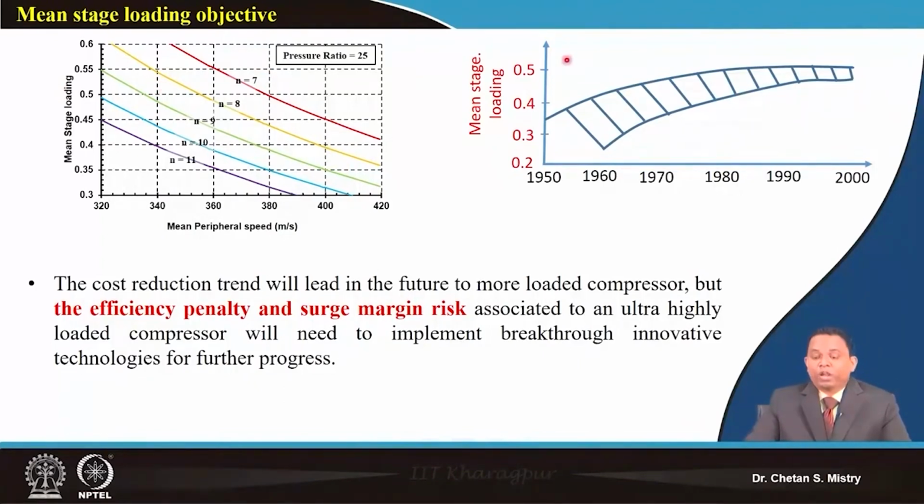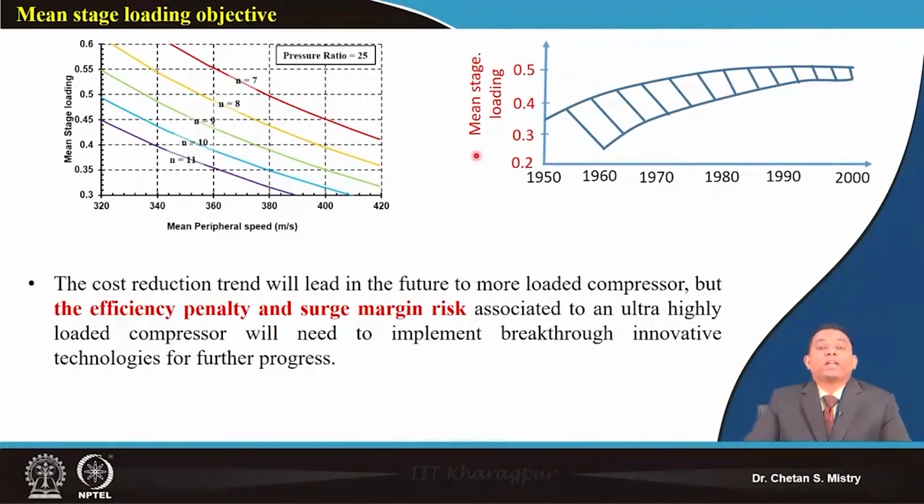So if you recall, this is representing the global trend: day by day our expected overall pressure ratio is increasing, and at the same time we are moving towards higher mean stage loading.